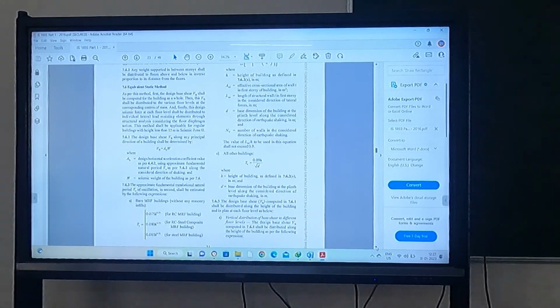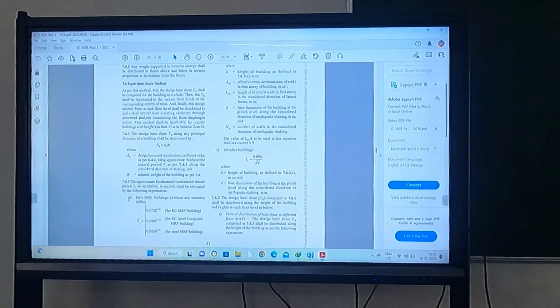Alright, so you can see here, clause 7.6.1, in that first option, option A, bare frame MRF buildings.